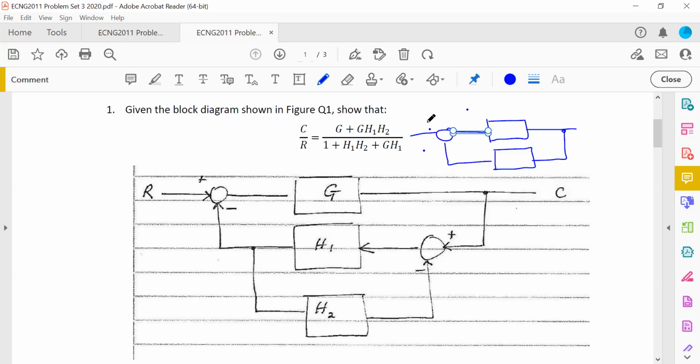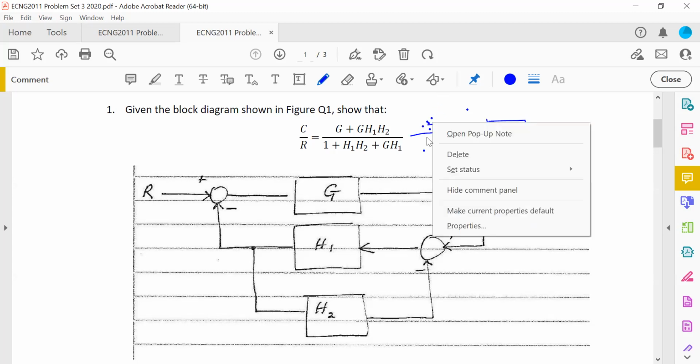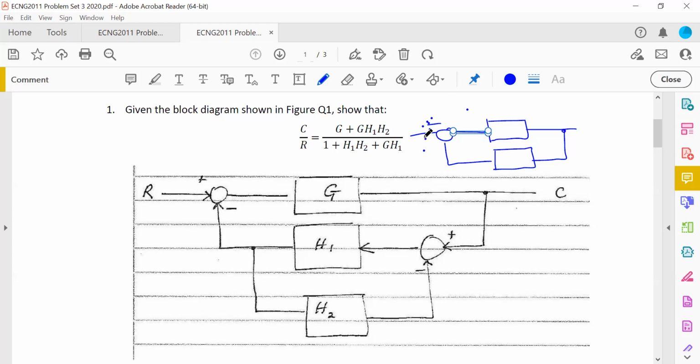Whatever, this is positive, negative. This is the G, this is the H. Once we get it into this form, we know that the final answer is going to be G over 1 plus GH.